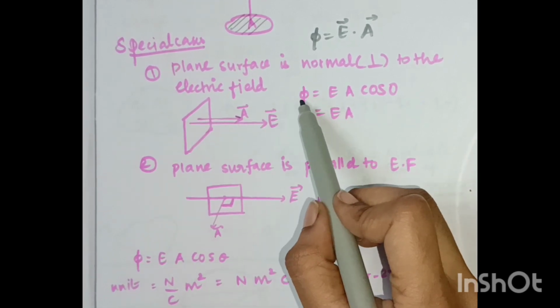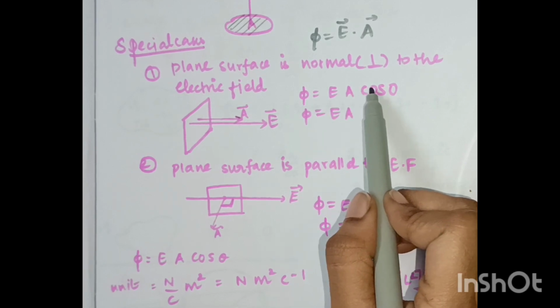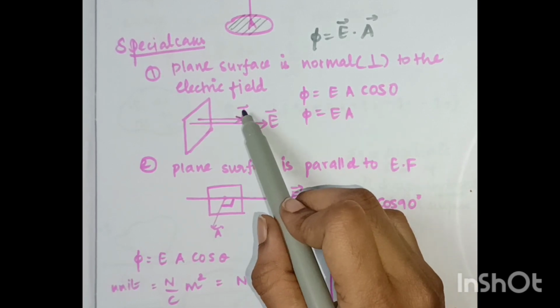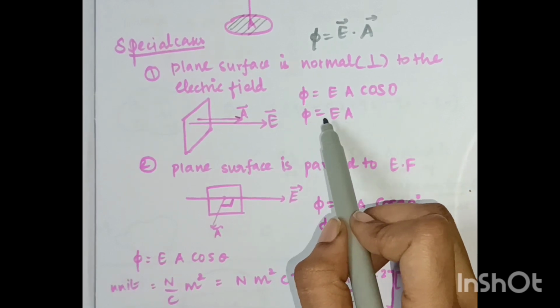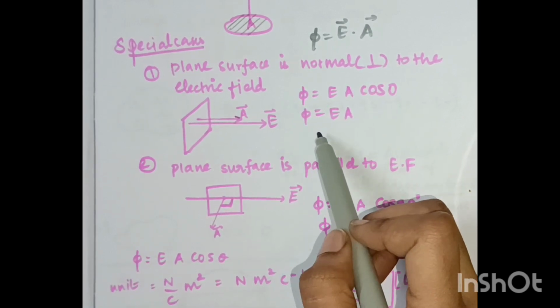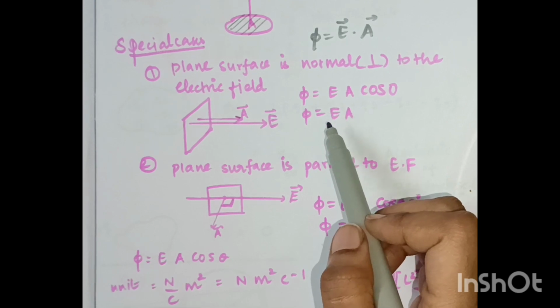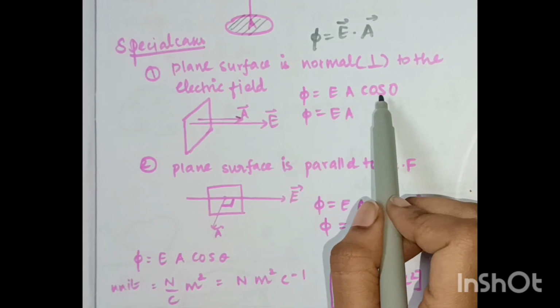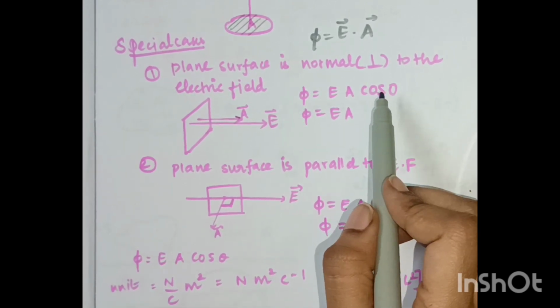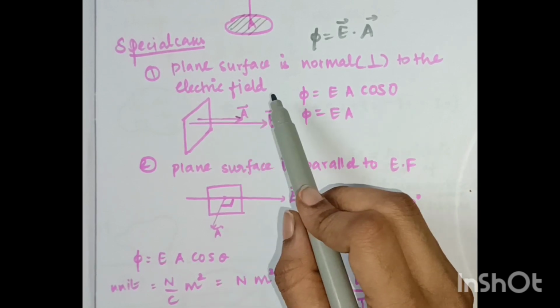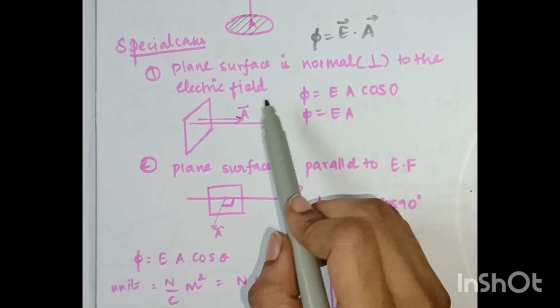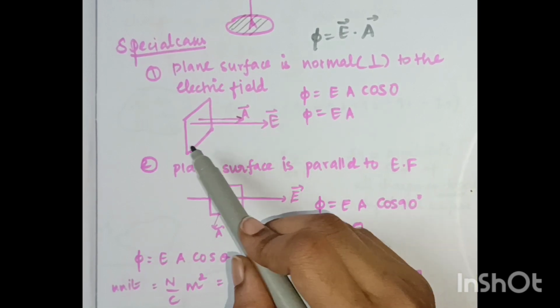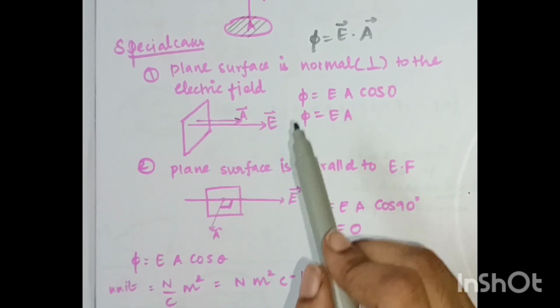So what is phi? Phi equals EA cos theta. What is theta here? It is the angle between the area vector and the electric field. It is 0, so cos 0 is 1, and phi equals EA. This is the maximum amount of flux, because cos 0 is 1, the maximum value of cos theta. So there is maximum flux when the plane surface, or the area, is normal to the electric field.